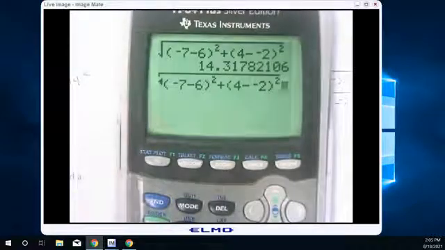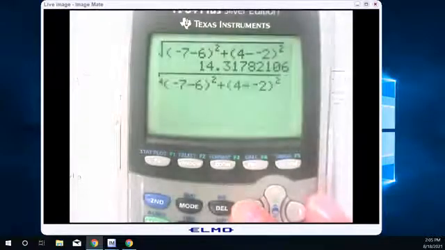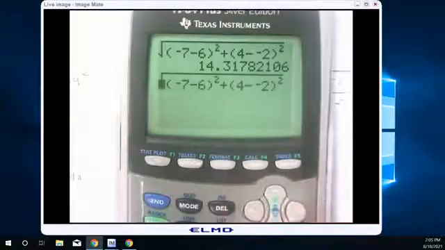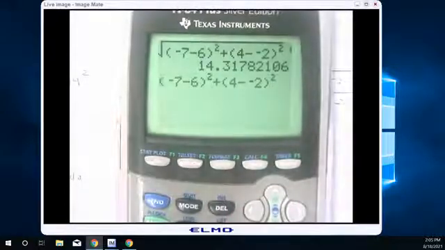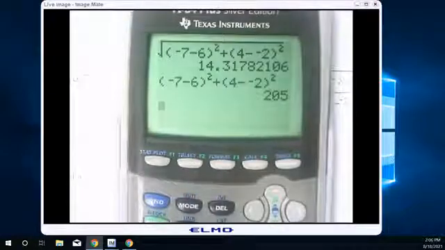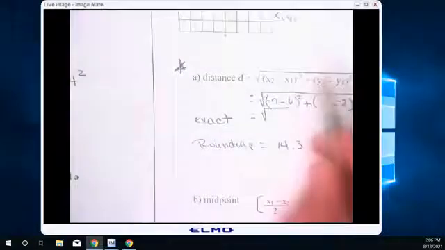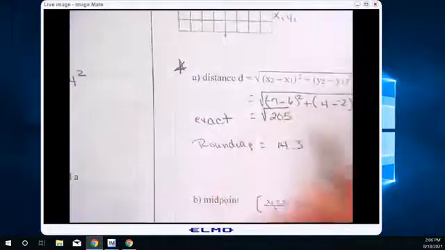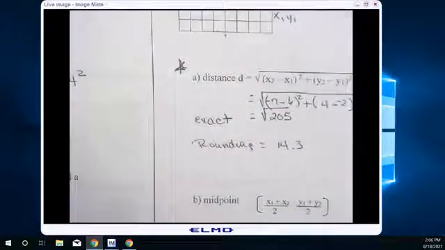The square root. So if you go back and you delete out that square root, then the exact answer would be the square root of 205. Any questions or problems with that? Exact means not a decimal. Now, if it was the square root of 49 and you wrote down a 7, that's an exact answer.